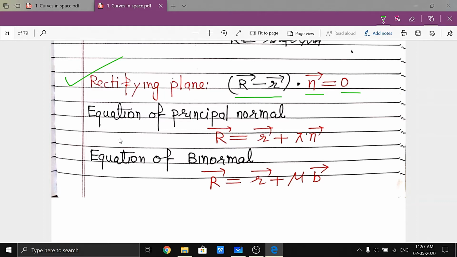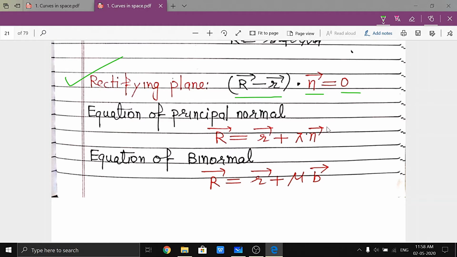Now what is the equation of the principal normal? When we found the equation of the tangent, it was R vector equals small r vector plus lambda times T vector.